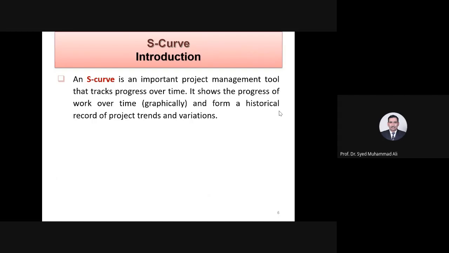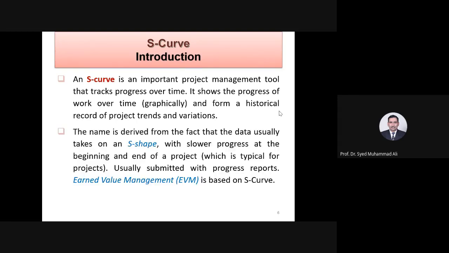An S curve is an important project management tool that tracks progress over time. It shows the progress over time graphically and forms a historical record of the project trends and variation. So you have the original plan, you have an S curve for that. Then you have an actual working, and you try to track it down. The name is derived from the fact that usually it takes an S shape, okay?